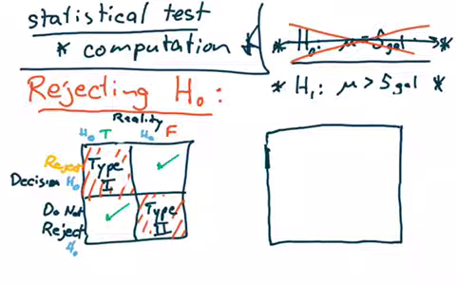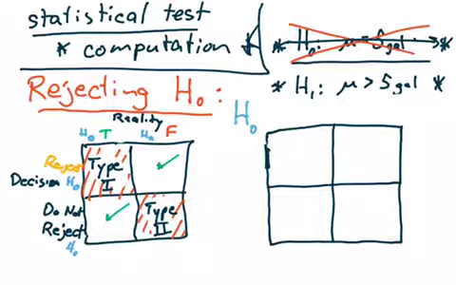So here we're going to basically have the same situation. It's all pertaining to H subscript 0, right? Here it's true. In this column it's false.